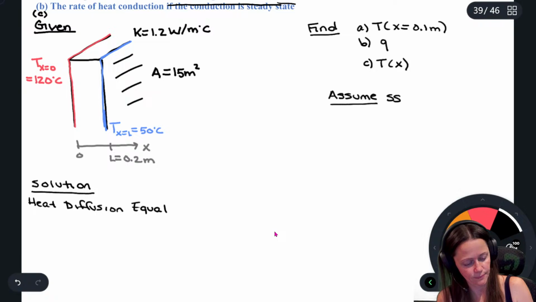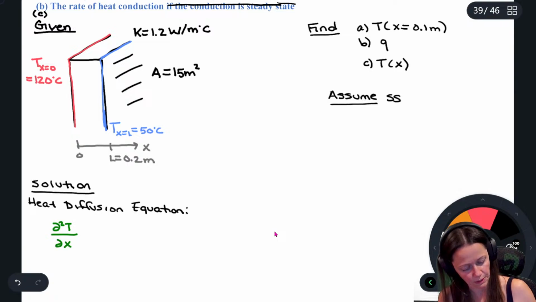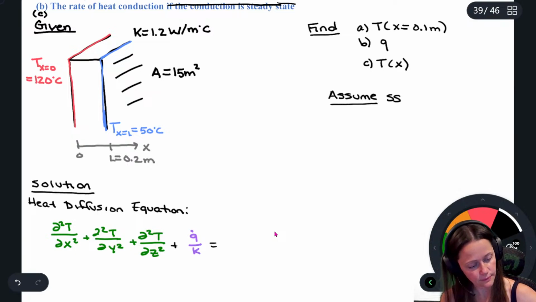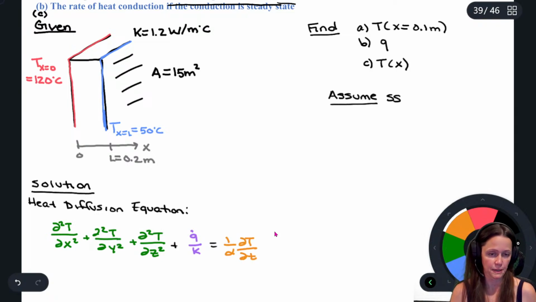I've got the second derivative of temperature with respect to x, same with respect to y, same with respect to z, plus q dot over k equals 1 over the thermal diffusivity times the partial of the temperature with respect to time.